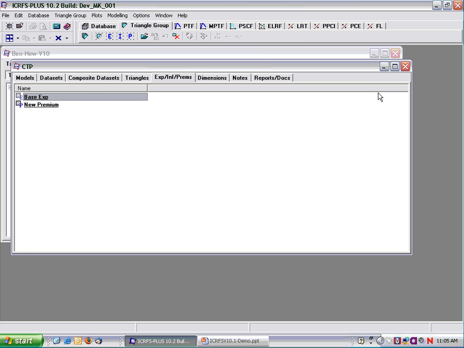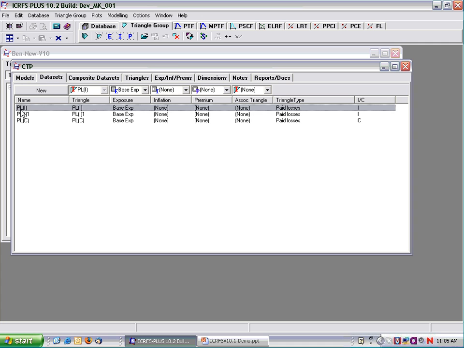So the corresponding data set is the triangle, and we're going to use the base exposure. That means that each accident year's paid losses will be divided by the corresponding exposure, and we call that the normalized data.